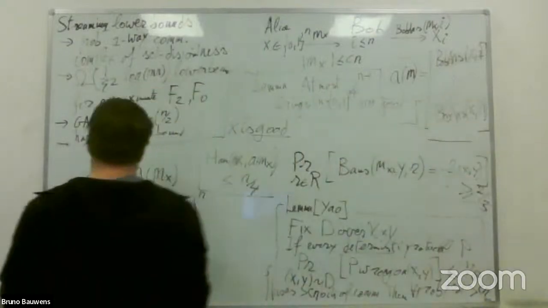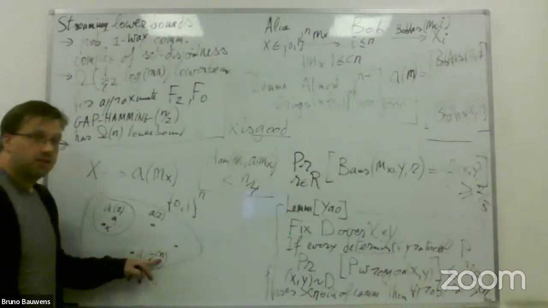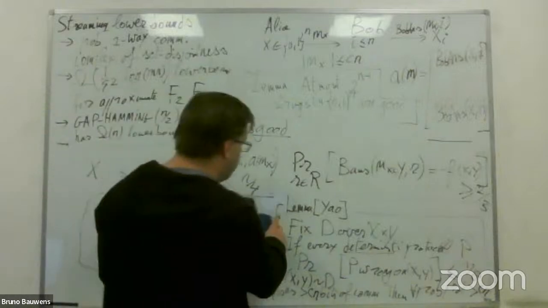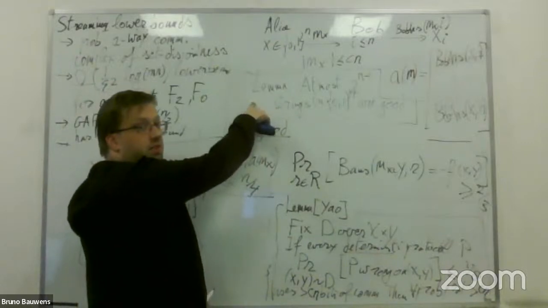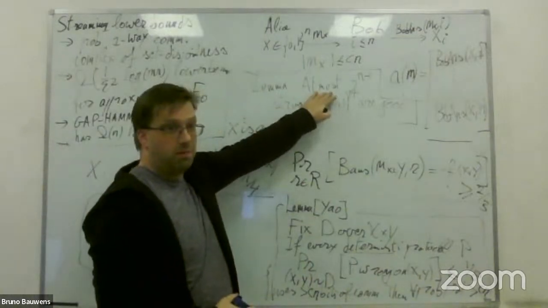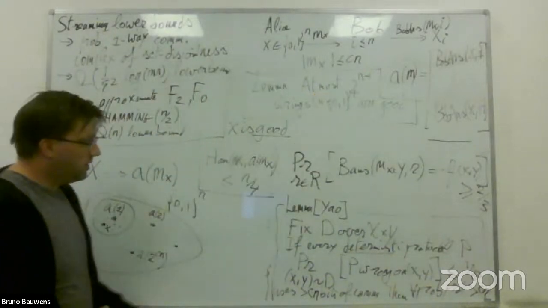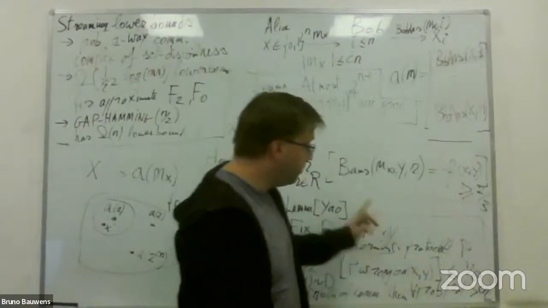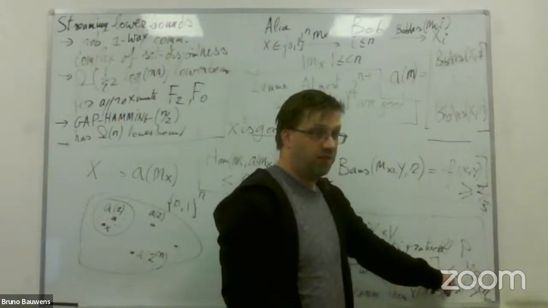Now we know there are at most 2 to the power cn Hamming balls, and we need to bound the size of one ball. After this lemma is proven, we are done, because it means that at least half of the strings are bad, and bad means that the average error is more than 1/4. So all the bad strings contribute more than 1/4, and at least half of them are bad.